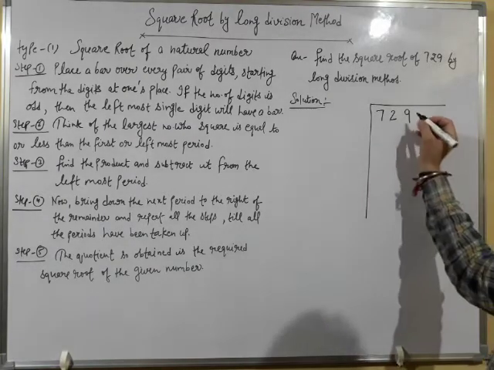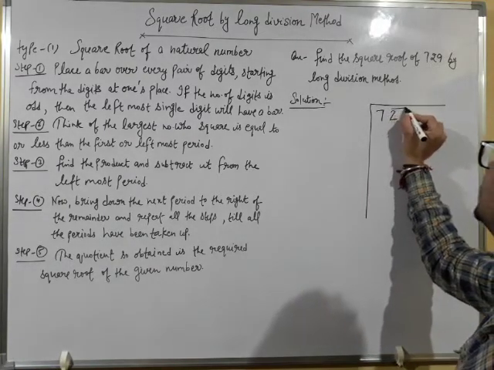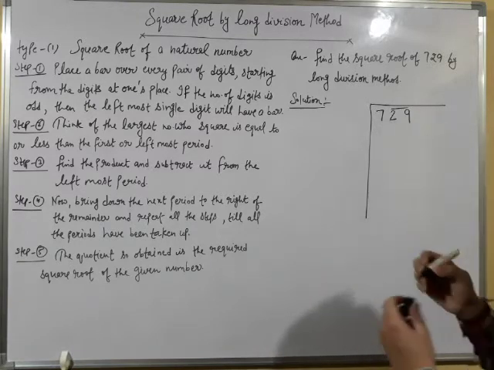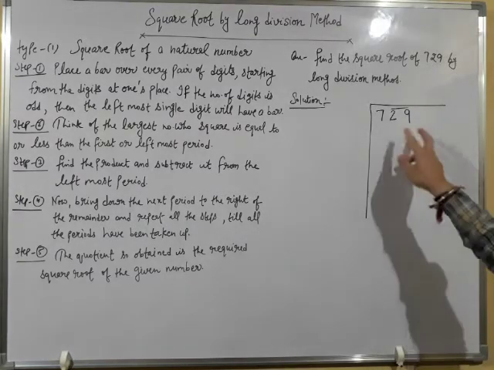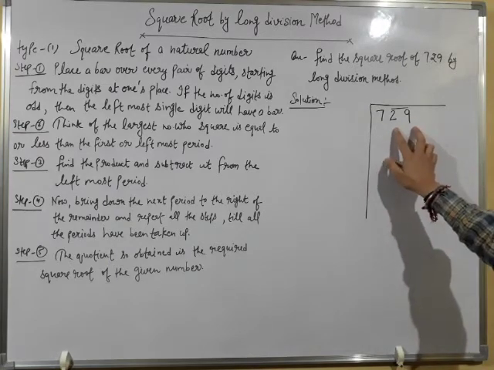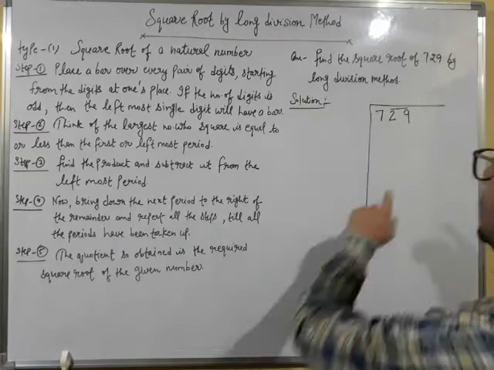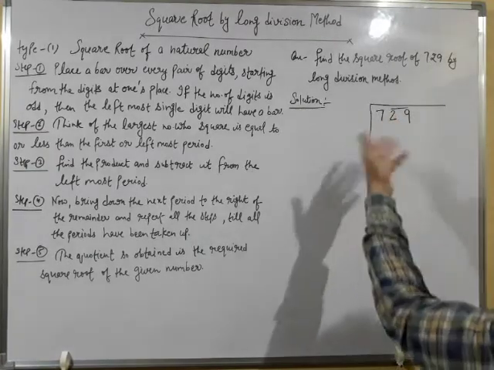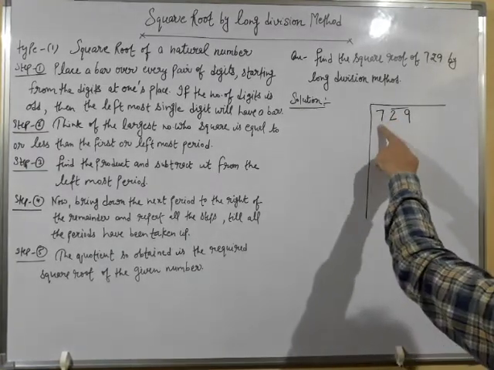So here we have put a bar on the pair of digits: the ones digit and the tens digit. This is a pair.